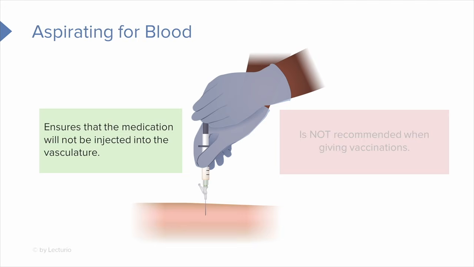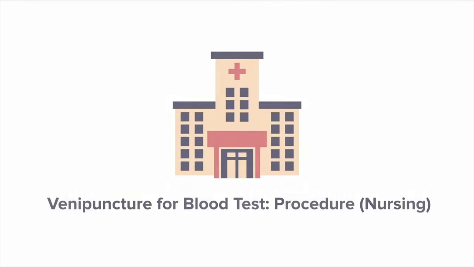So we've eliminated this practice. So again, this is to ensure that the medication will not be injected in the vasculature, but this is a practice that you should no longer see. Also, this is not recommended when giving vaccinations. And many times when you're giving an intramuscular injection, vaccinations are going to be one of the most common intramuscular injections that you're going to see.